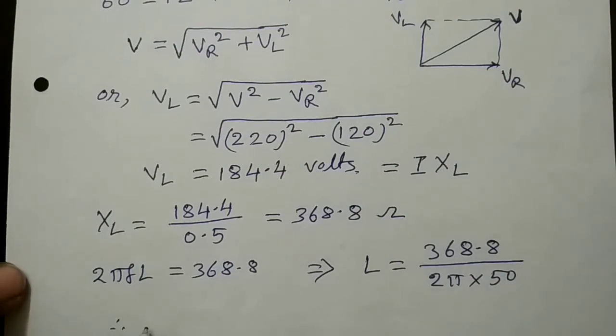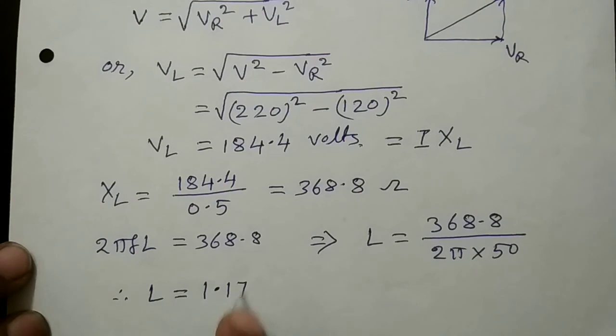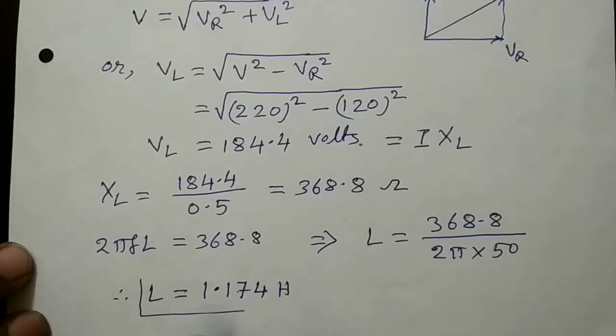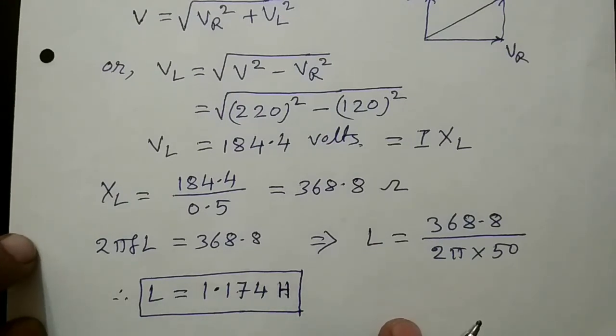After solving, the value of inductance will be 1.174 Henry. Therefore, the answer is we have to add an inductance of 1.174 Henry in series with the bulb to get the proper output in the circuit. So this is the answer. Thank you.